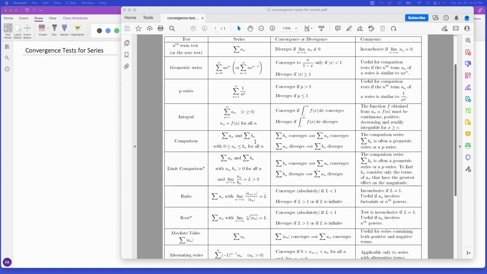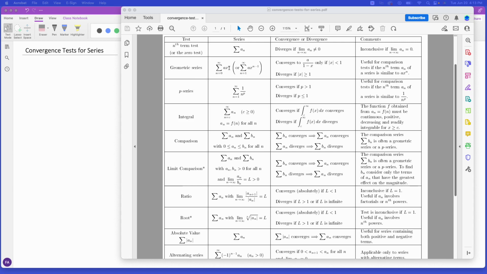The geometric and the p-series are the easiest ones, so I always go the nth term test, geometric, p-series, and then I go to one of the other tests. Normally my next go-to one is the ratio test, and then the comparison test if I can't do the ratio test. Most of the time, that will take care of 95% of all the series that you're going to need to work with. So let's jump in here with dealing with the geometric series.